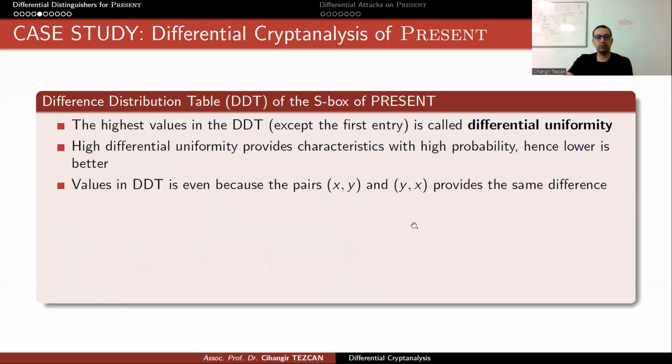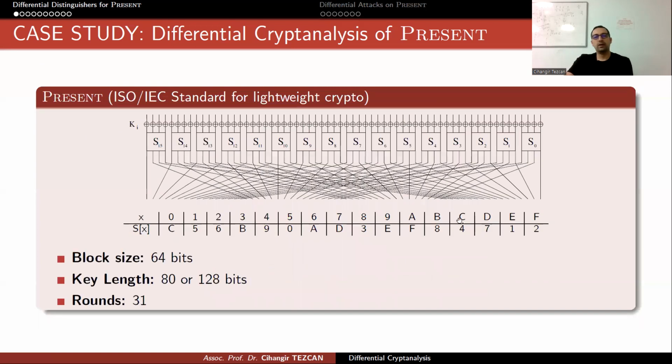So let's go back to the PRESENT picture. For the 0th S-box and the 3rd S-box, you are giving the input difference 4. In hexadecimal, 4 means this bit is flipped, right? Also, this bit is flipped. I'm not talking about the output, I'm always talking about differences. So it says that it will be 5 in hexadecimal, which means 0, 1, 0, 1. It doesn't have to happen all the time, right?